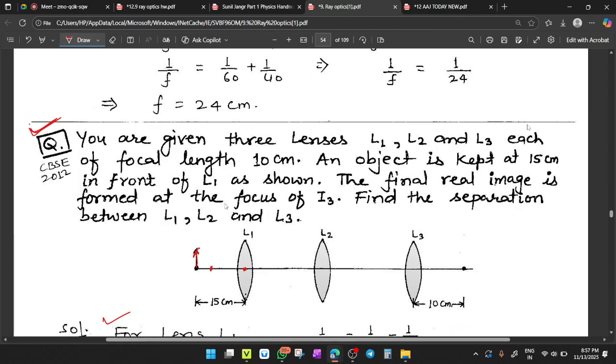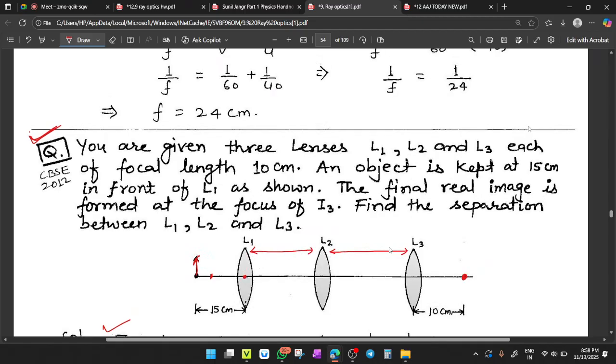The final real image is formed at the focus of L3. Yes, it is saying that the final image is formed at the focus of L3, at 10 centimeter from the lens. Find the separation between lenses L1, L2 and L3. So you have to find the distance between here to here and here to here. Clear or not clear?